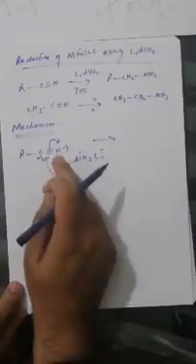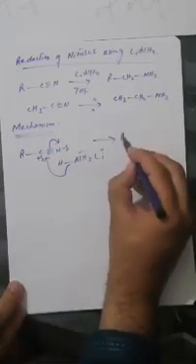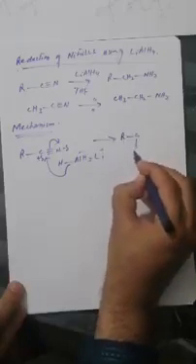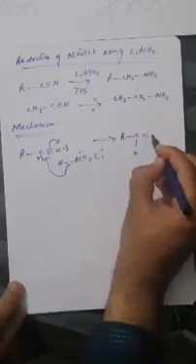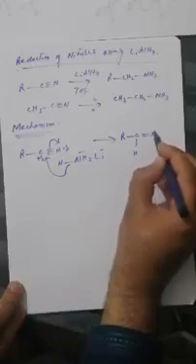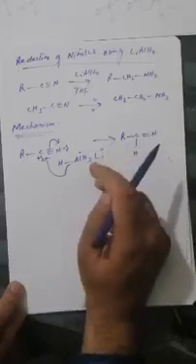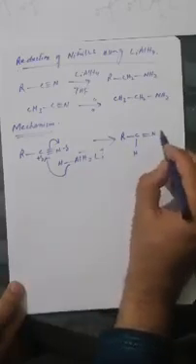This bond moves onto the nitrogen. Nitrogen will get a negative charge, and this negatively charged nitrogen will attack the aluminium hydride.